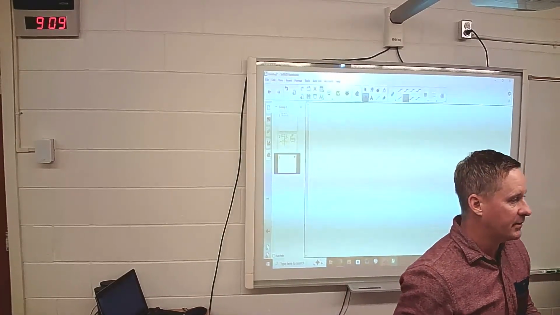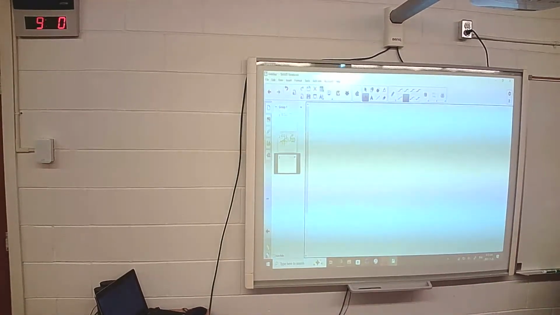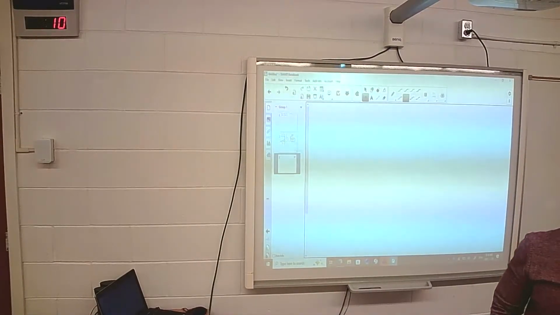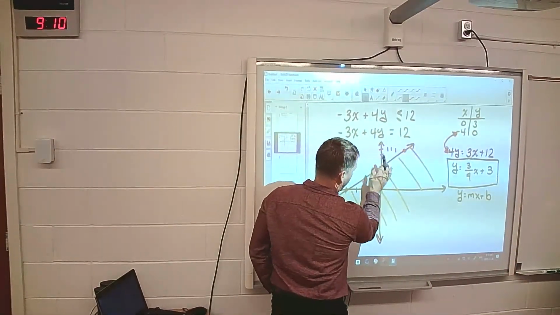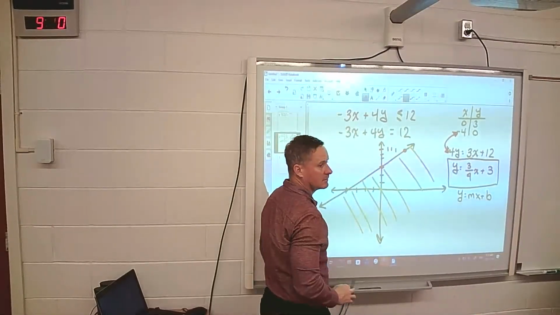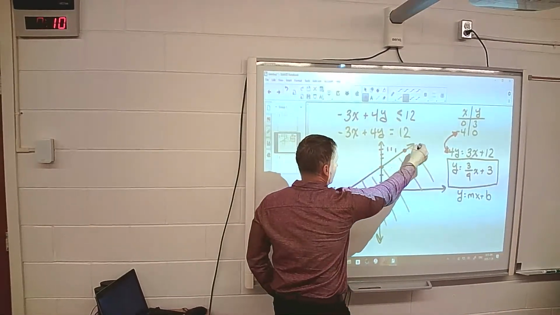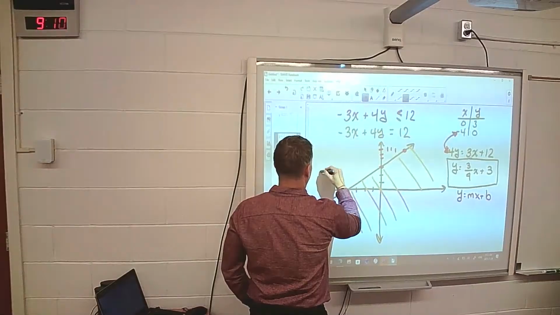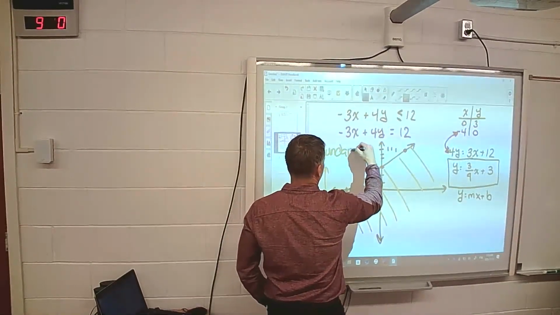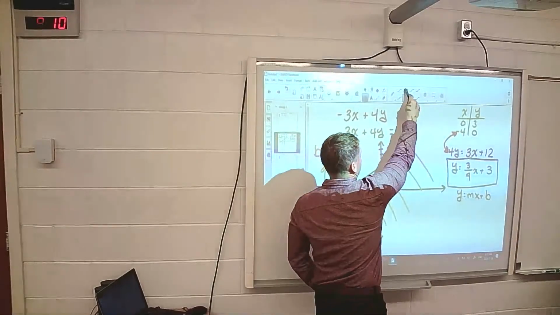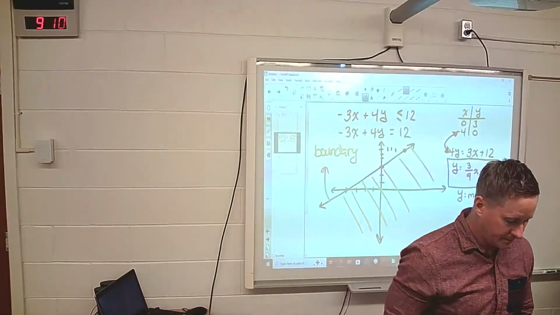Essentially what that tells you is the boundary is the line itself. That line divides this graph into two parts. This guy right here is called the boundary line. So any line is considered the boundary.